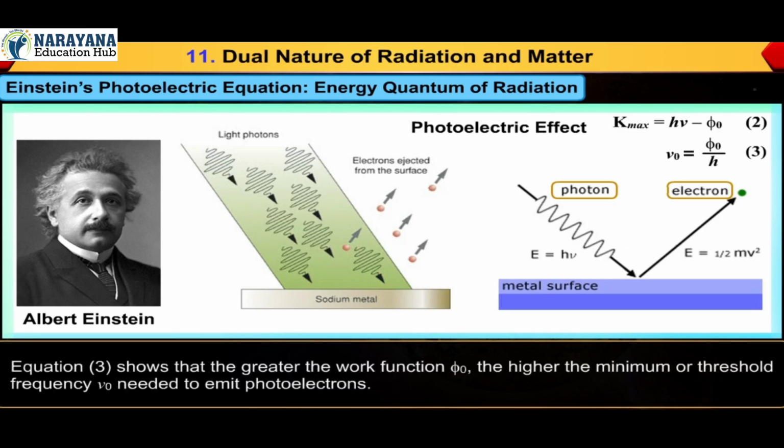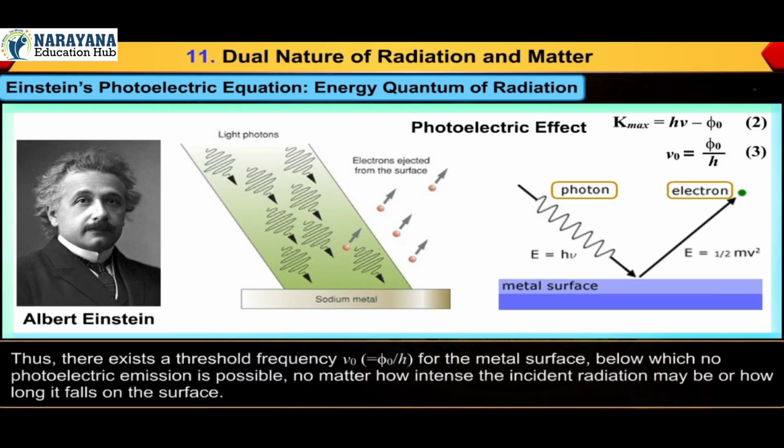Equation 3 shows that the greater the work function phi 0, the higher the minimum or threshold frequency nu 0 needed to emit photoelectrons. Thus, there exists a threshold frequency nu 0 equal to phi 0 upon h for the metal surface below which no photoelectric emission is possible, no matter how intense the incident radiation may be or how long it falls on the surface.